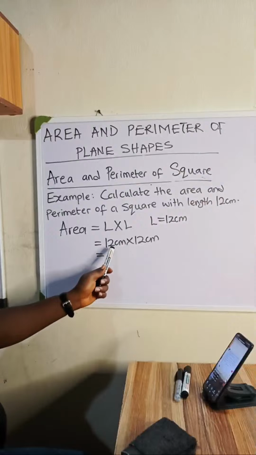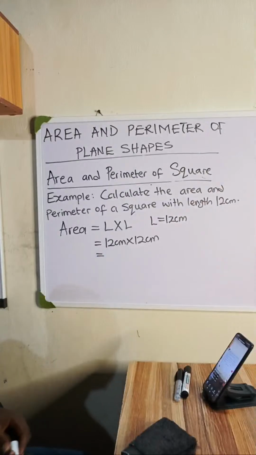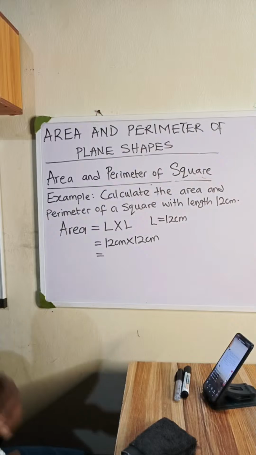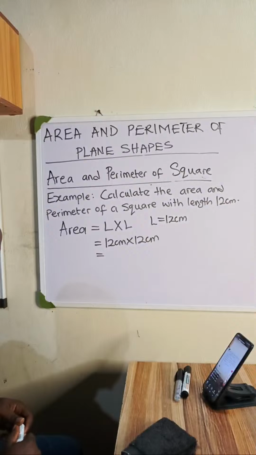So what's the answer? 12 multiplied by 12? I think for some of you, the thing is delaying.